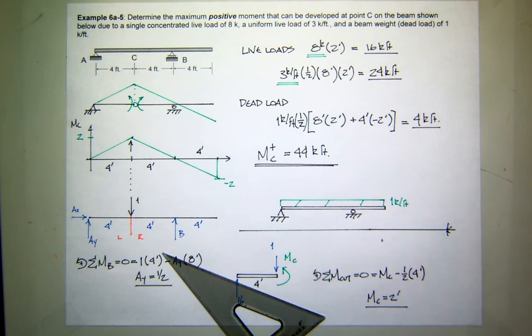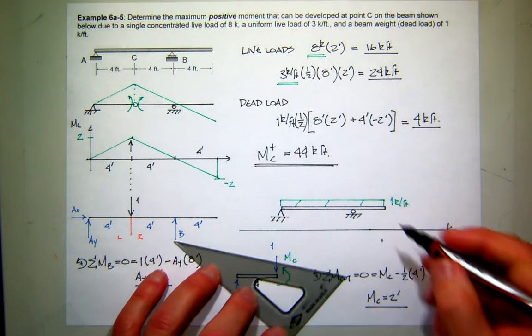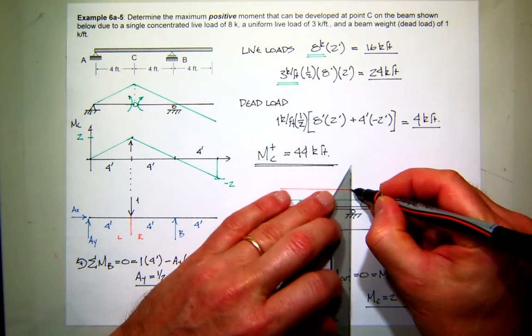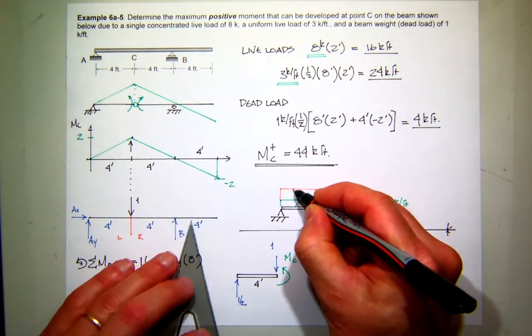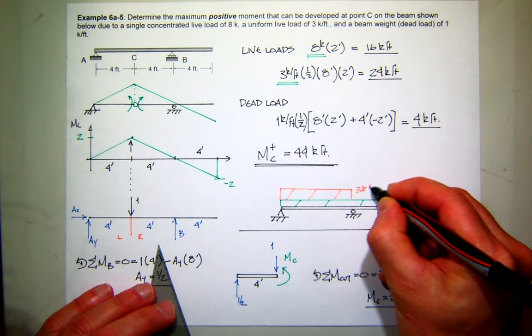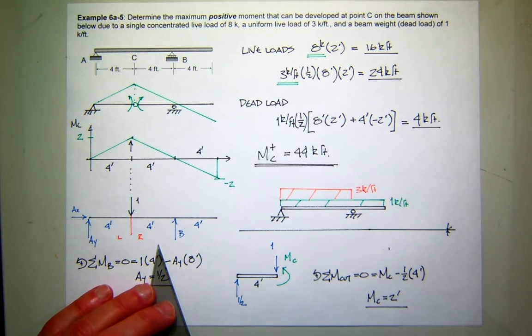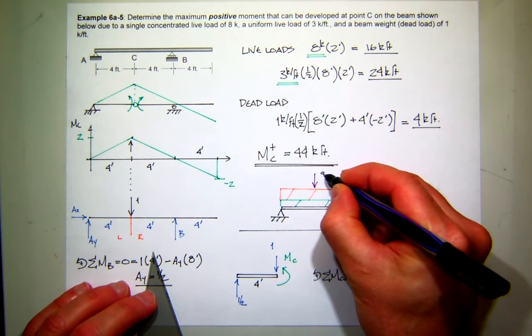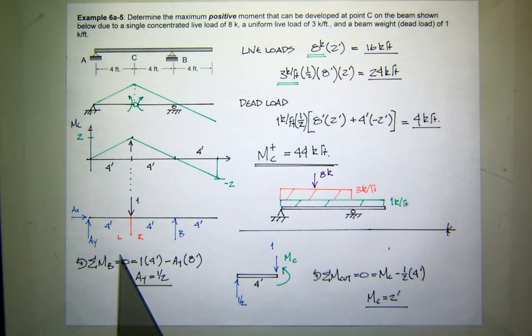Our live load goes over just the first 8 feet of the structure. And that's an additional 3 kips per foot. And then where is our concentrated load? At C, which is right here in the middle. So that's the load configuration that produces the maximum positive moment at C.